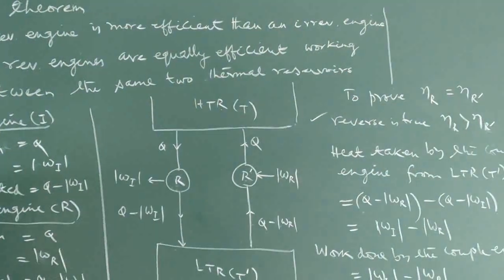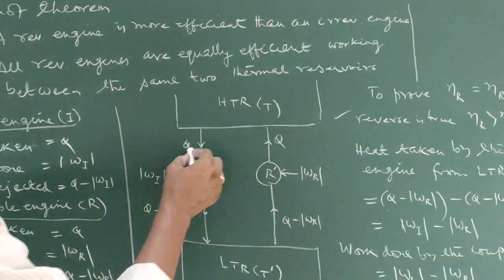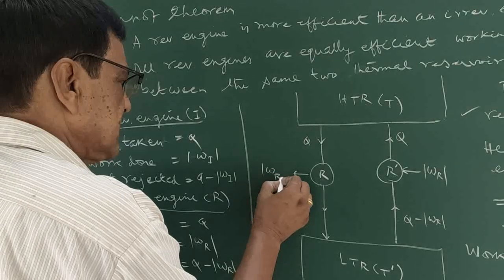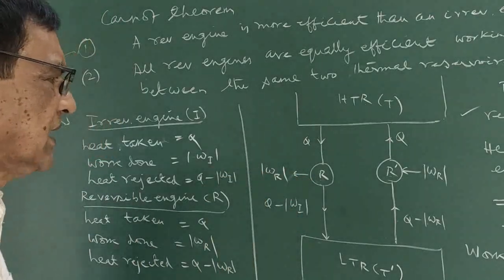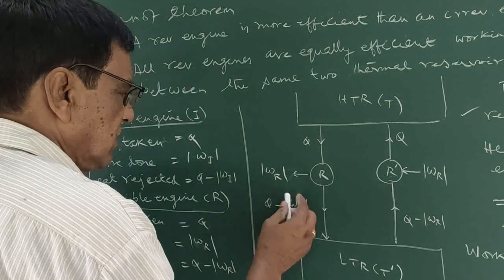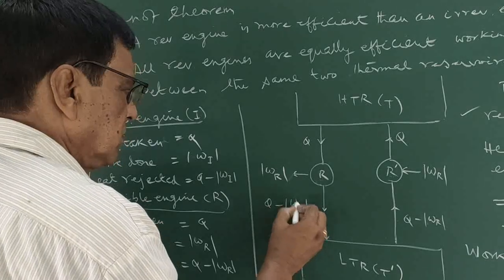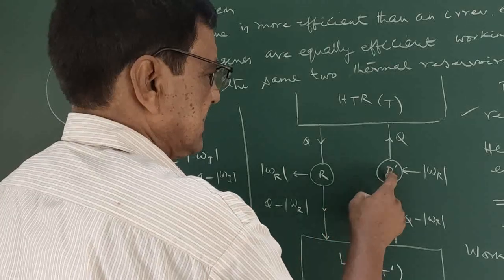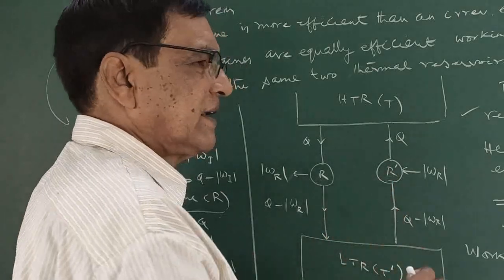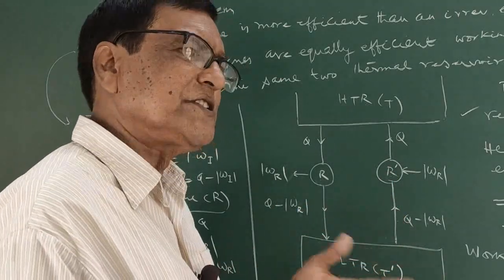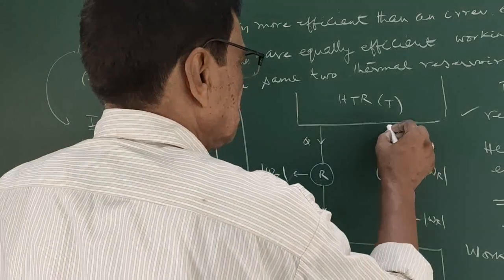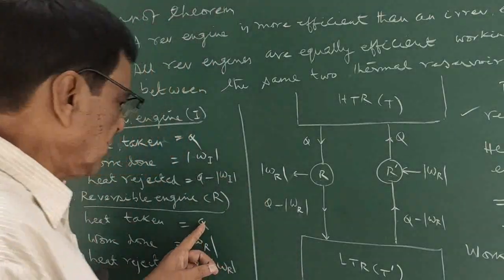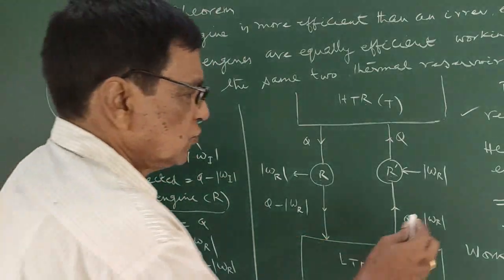Reverse is true. And in this case, this R, the work done is WR, and the heat rejected also. And in this case, this reversible engine is now acting as this refrigerator. So this one also takes Q amount of heat.